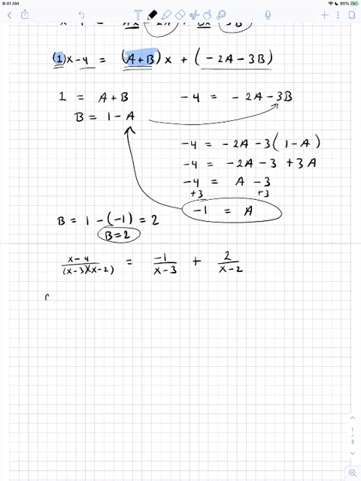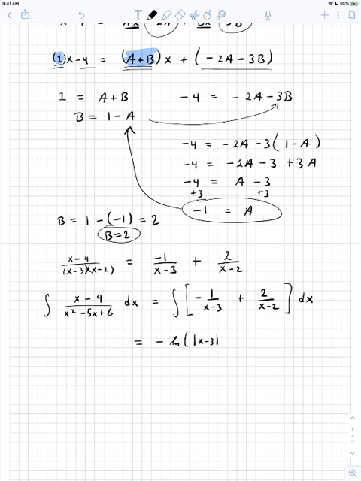So if we're going to integrate the thing on the left, the way we had originally written it, not factored, x minus 4 over x squared minus 5x plus 6 dx, this is equal to the integral of minus 1 over x minus 3 plus 2 over x minus 2 dx. And each one of these is going to give you a logarithm. So it's minus ln absolute value of x minus 3 plus 2 ln absolute value of x minus 2 plus a constant. And that's your answer.